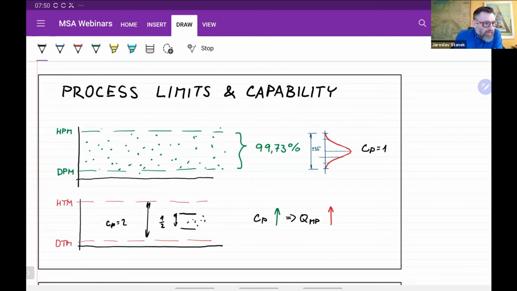So we are somewhere in the middle. There is still way down to the specification limits, and we allow the measuring device to cover only the 30% of this region in the middle. So that's how the CP is used to calculate the criteria for the QMP.